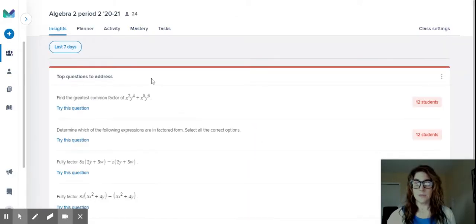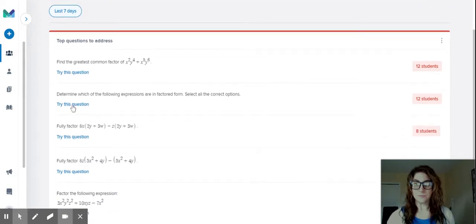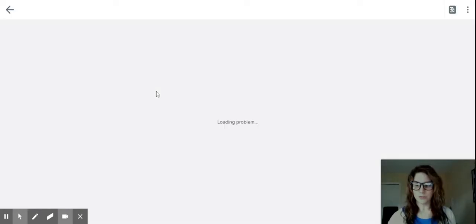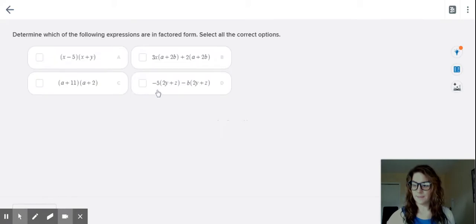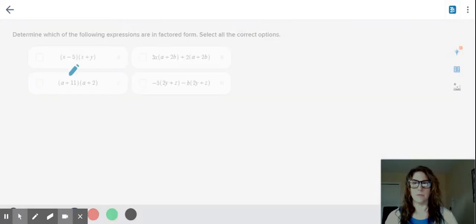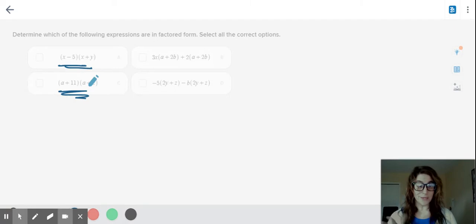Okay. So now the next question. Determine which of the following are factored correctly. Okay. So, or fully factored, I should say. So first of all, when you see something like this, where you already have 2 sets of parentheses, they're already fully factored for the most part.